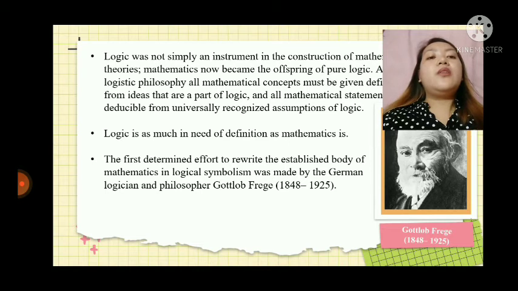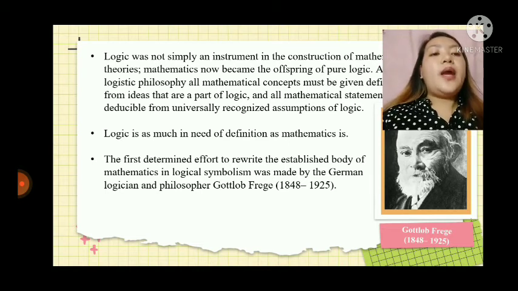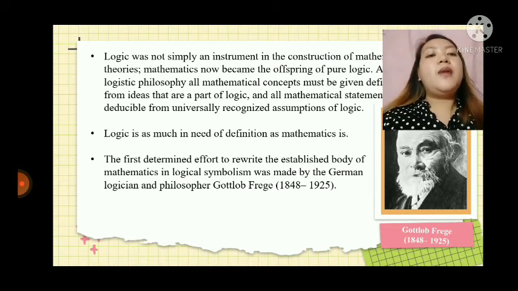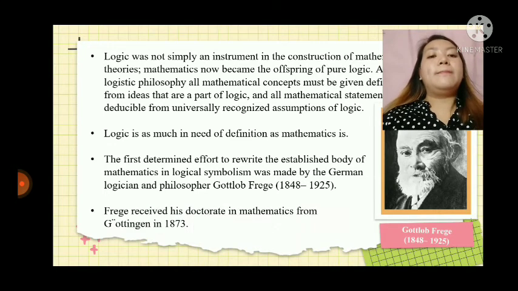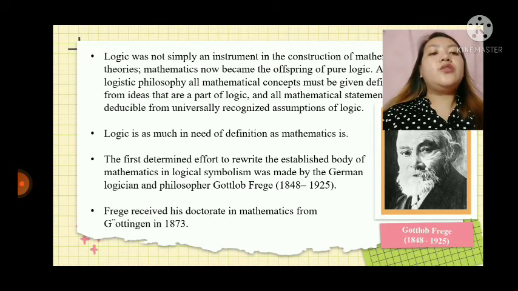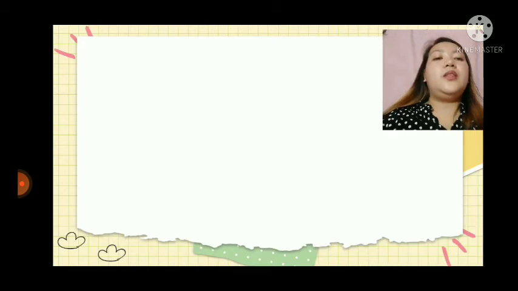The first determined effort to rewrite the established body of mathematics in logical symbolism was made by the German logician and philosopher Gottlob Frege. Frege received his doctorate in mathematics from Göttingen in 1873.